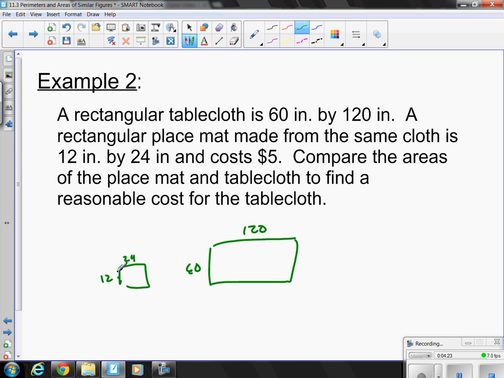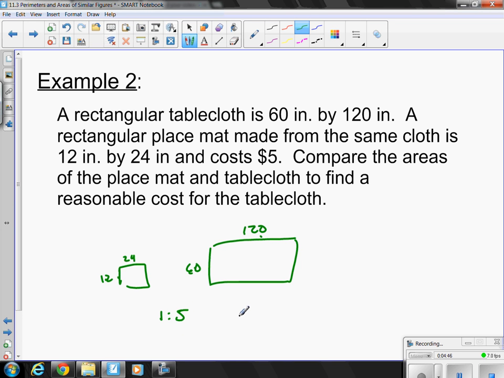First off, are they corresponding? 12 to 24, 60 to 120, those sides are proportional, right? You can take 12 and multiply it by 5 to get 60, and 24 times 5 is 120. So the ratio of the corresponding side lengths is 1 to 5.